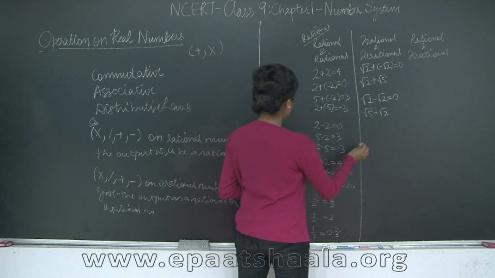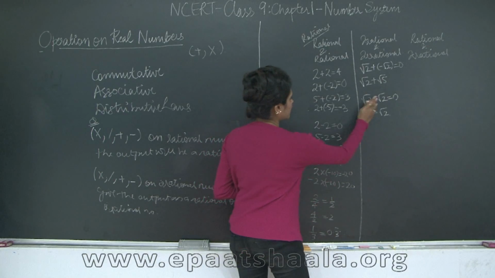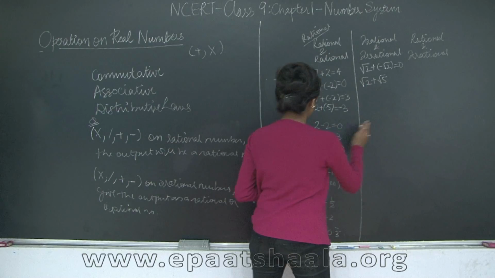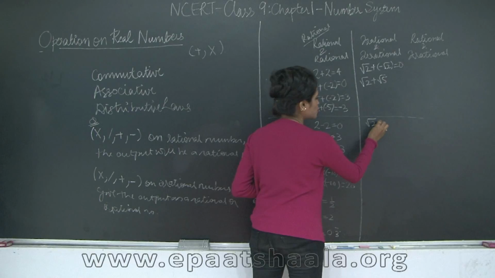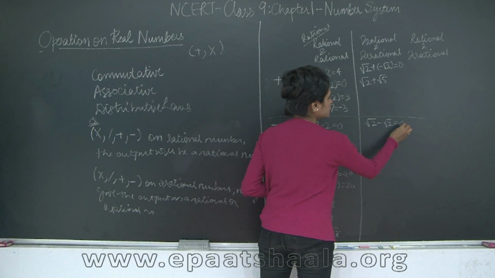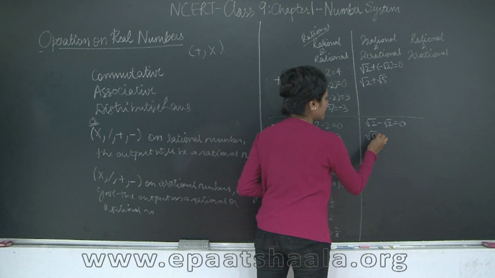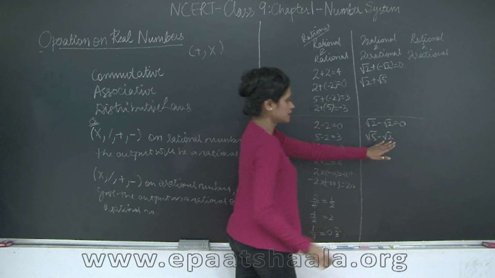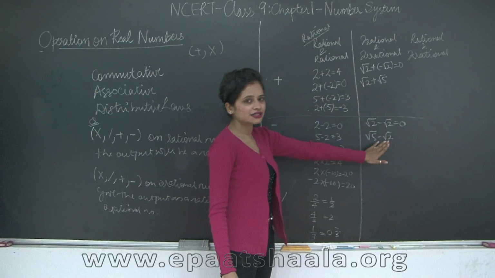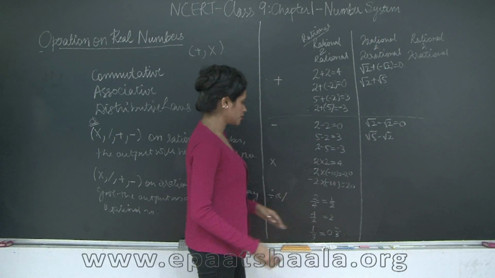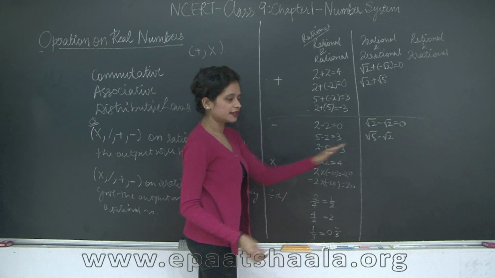Root 5 minus root 2 cannot be subtracted as the root of 5 minus 2 because they are two different terms. So the output here is going to be irrational.